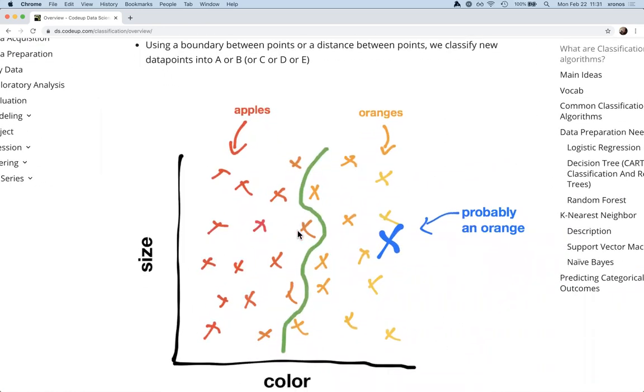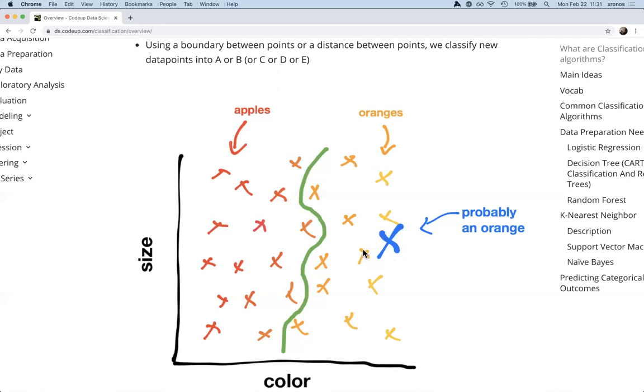We have two different features: the size of an observation and the color of an observation. And we also have labels for the training data. So all of the data on the screen except for the blue X was part of our training data.